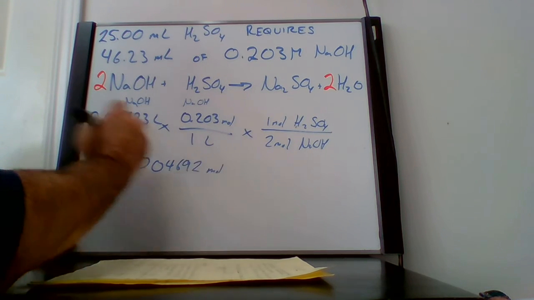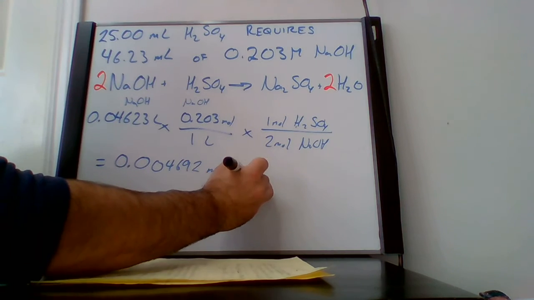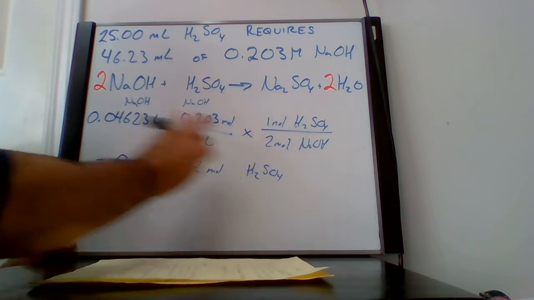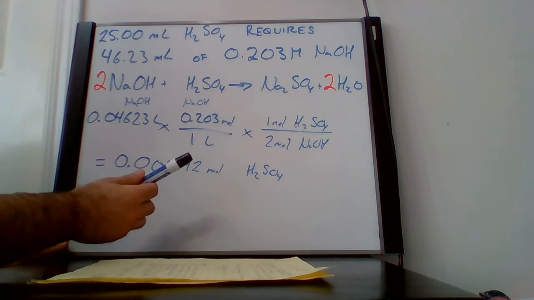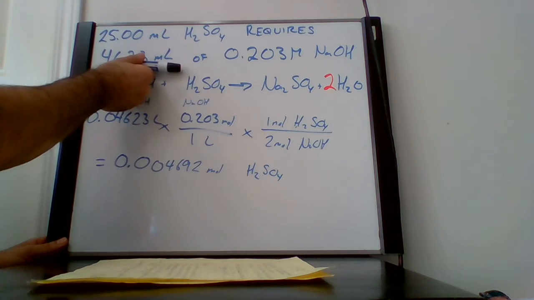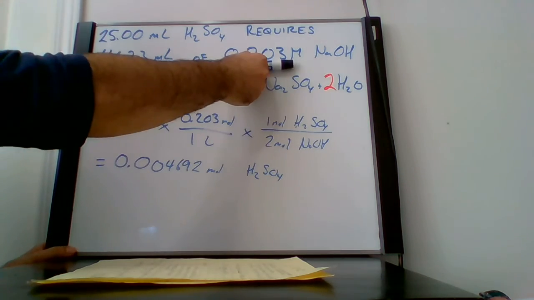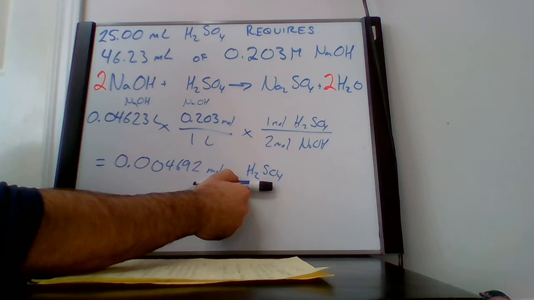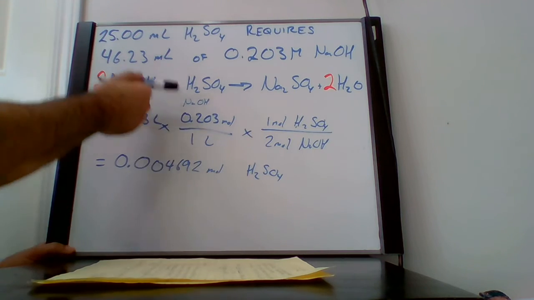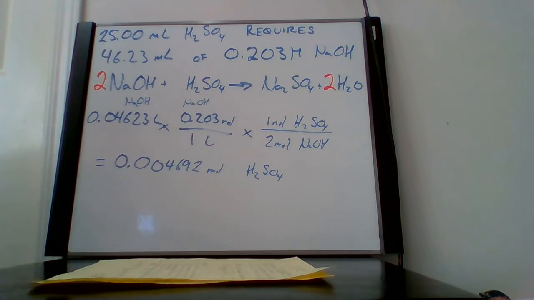0.004692 moles of H2SO4. So the volume at this concentration of sodium hydroxide required this many moles of sulfuric acid, and this many moles came in 25 milliliters.